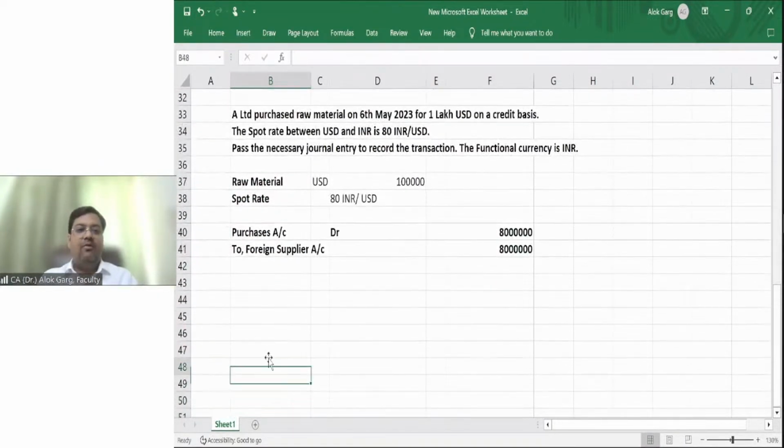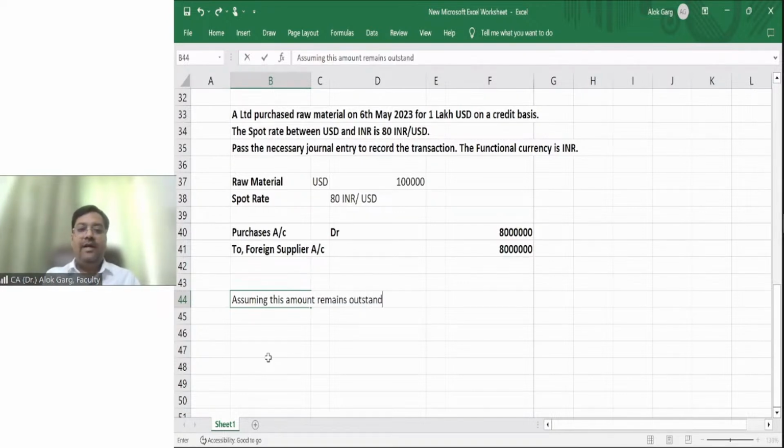Initial recognition. Now, assuming this amount remains outstanding till 31st March 2024, and the rate on that date is 85 INR per USD.